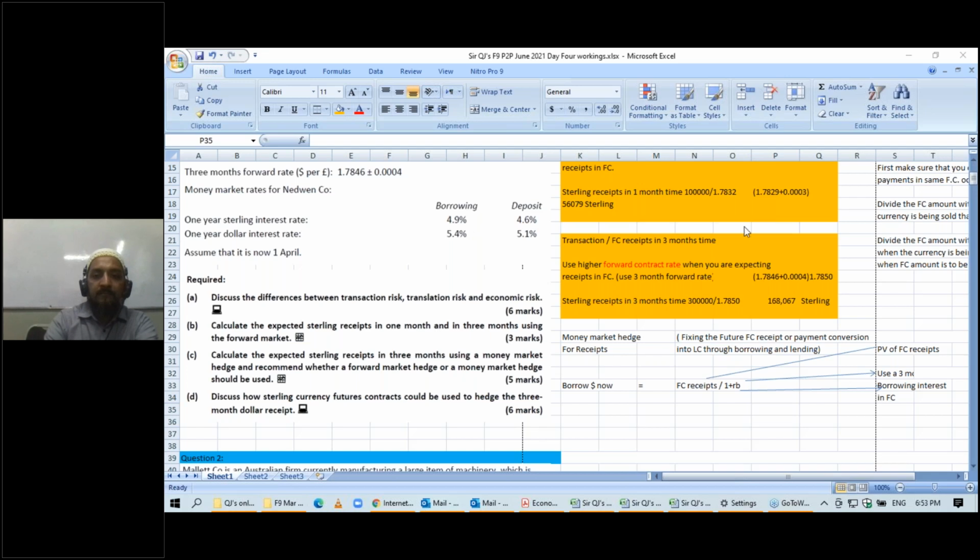That's the dollar interest rate, and it's a borrowing rate, right? So if you are borrowing, use the borrowing rate. And for how many months? This 5.4% is for a full year. You have to bring it down to 3 months.